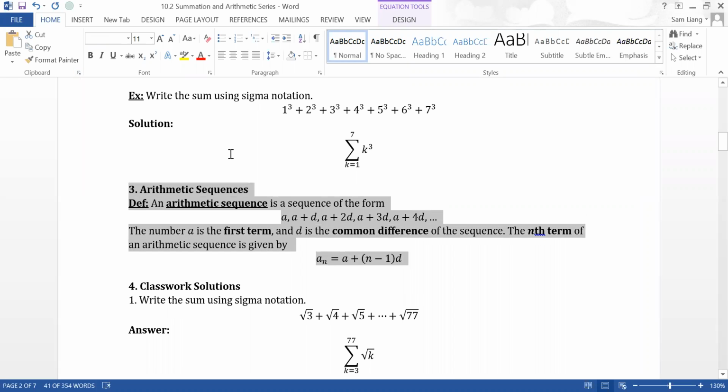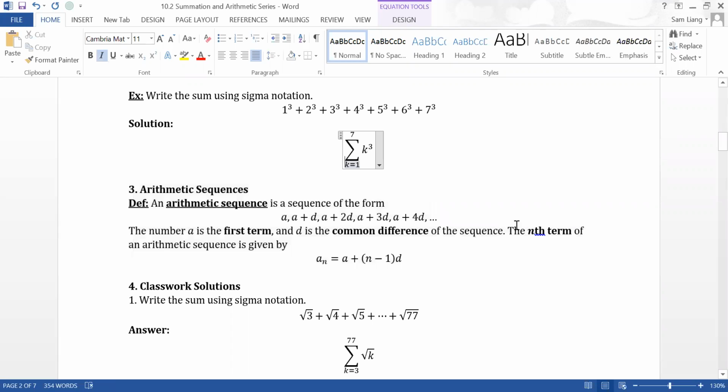An arithmetic sequence is a sequence of the form a, a plus d, a plus 2d, a plus 3d, and so on. The number a is the first term and d is the common difference of the sequence. The nth term of an arithmetic sequence is given by a sub n equals a plus n minus 1 times d. Okay, thank you for that.